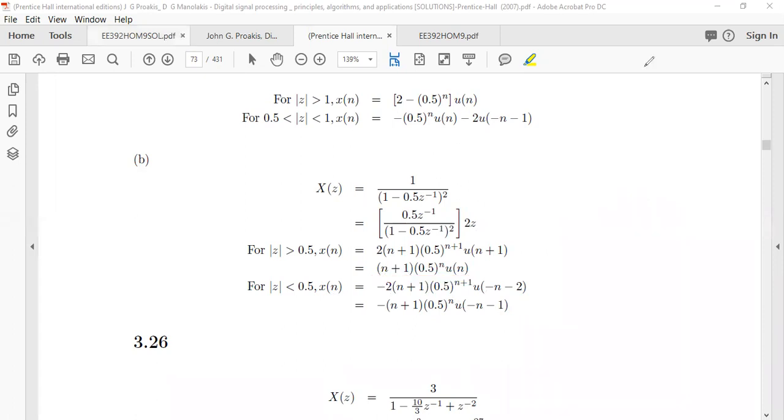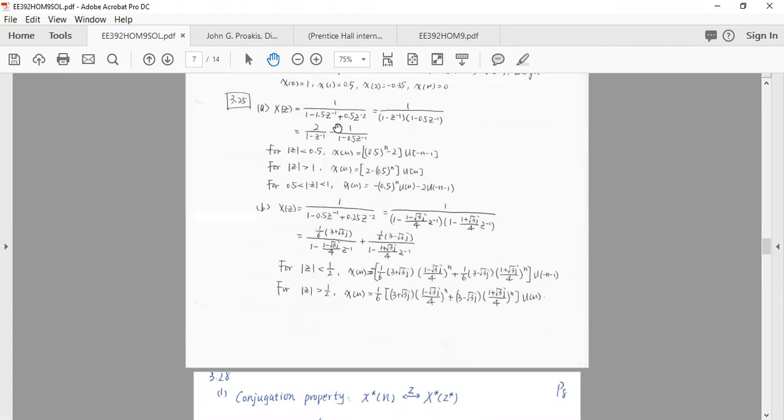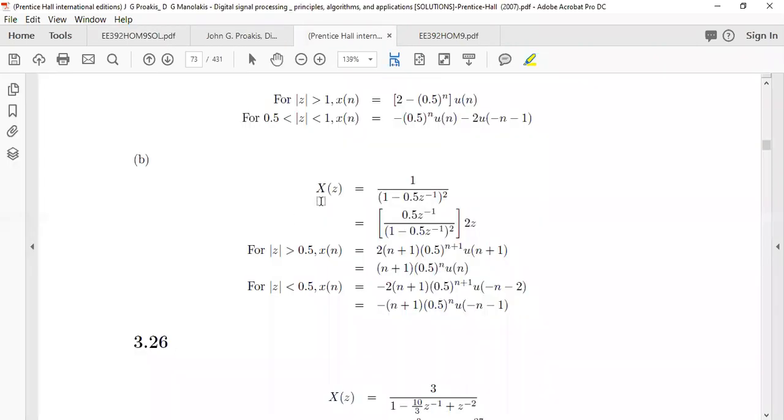Anyways, now moving to the next question, so please don't use this. I believe you can simplify this part, and you don't have to write it in that form. Then there needs to be a correction over here, right? Anyways, okay, so you don't have to use this. Please use this solution over here for 3.25b, right? This is the solution that should have been given.